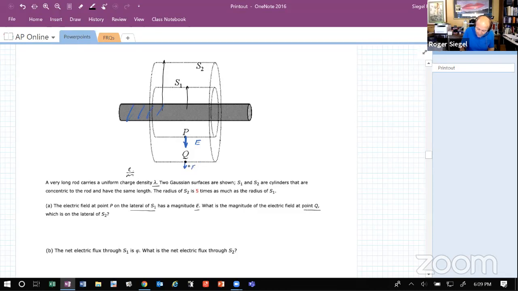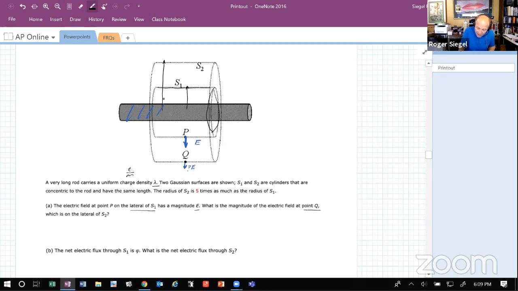What is its relationship? How much more, how much less? Is it the same? And so what we would do is look at our Gauss's law. Now remember, with Gauss's law we have to have symmetry. And what's symmetric around a long linear charge is a cylinder or a can. And so our cylinder is here.